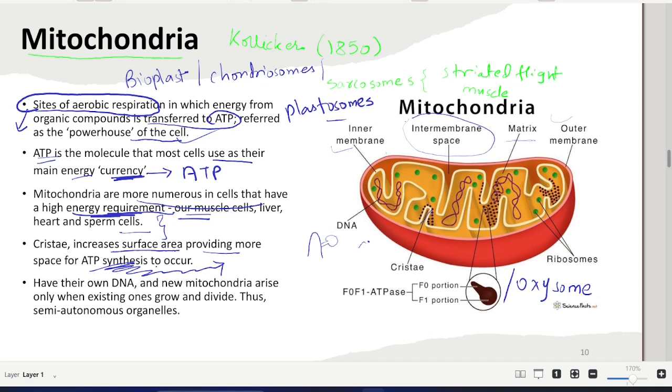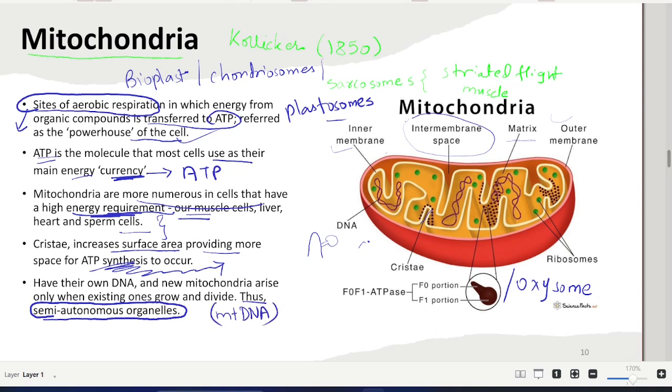Another important point is that it is a semi-autonomous organelle. It is called a semi-autonomous organelle because it has the capability to grow and divide from the existing ones, as they have their own DNA, that is the mitochondrial DNA, known as mtDNA.